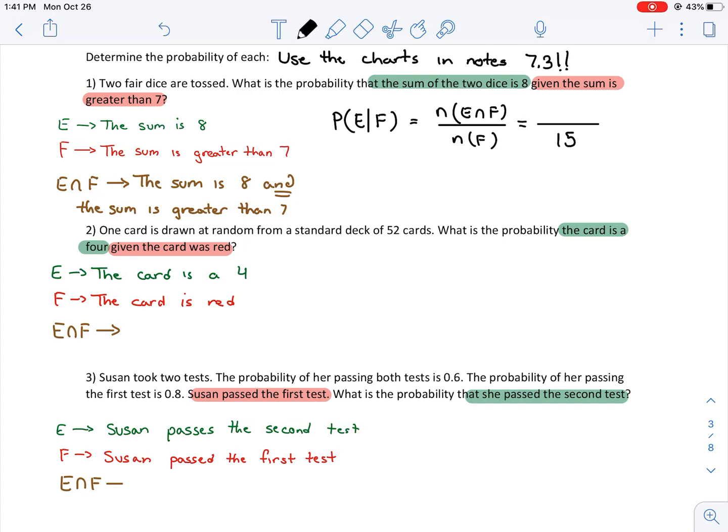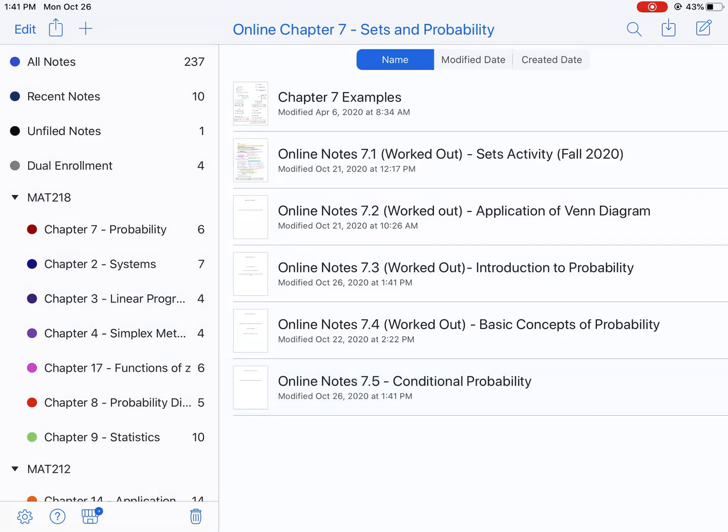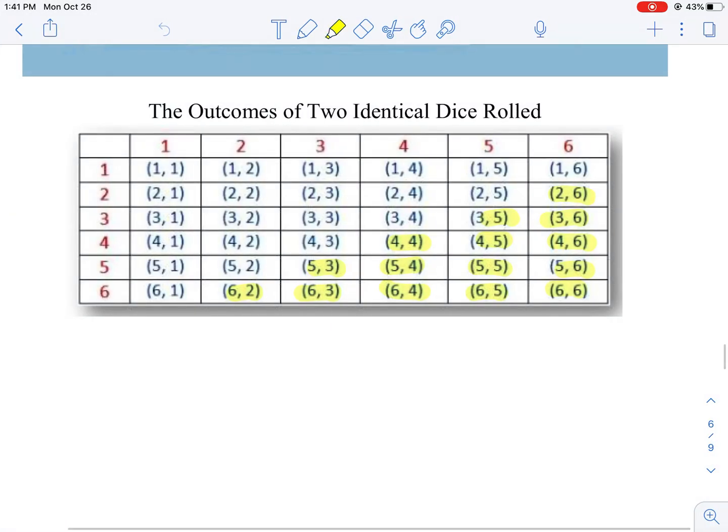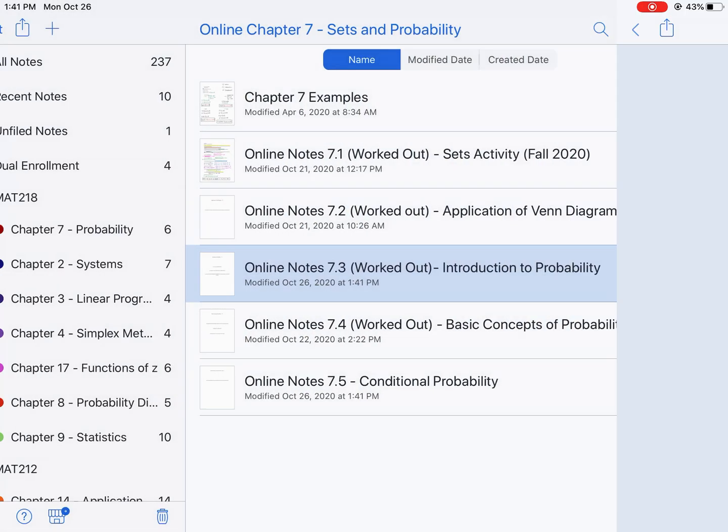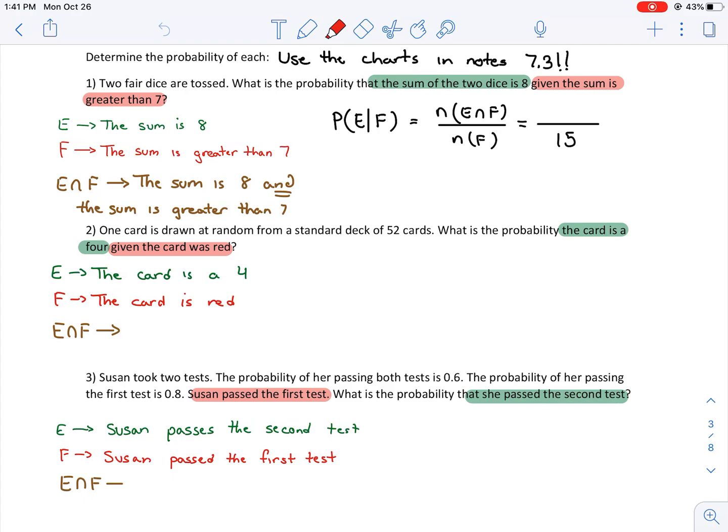Now I want to know how many of those have a sum that is 8. So let's go back to the chart. Different color. How many of these have a sum of 8? So that's 1, 2, 3, 4, 5. So the probability that the sum is 8 given the sum is greater than 7 is 1/3.